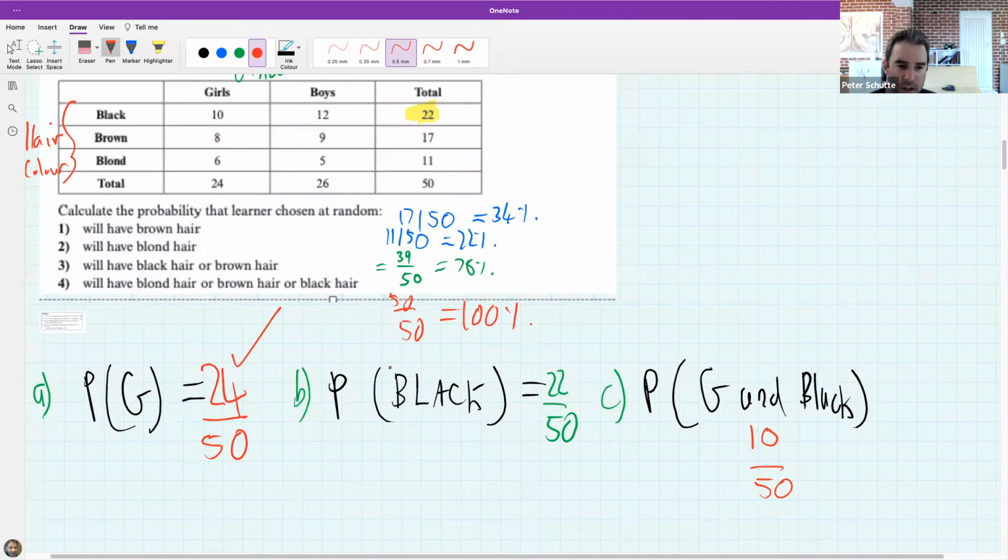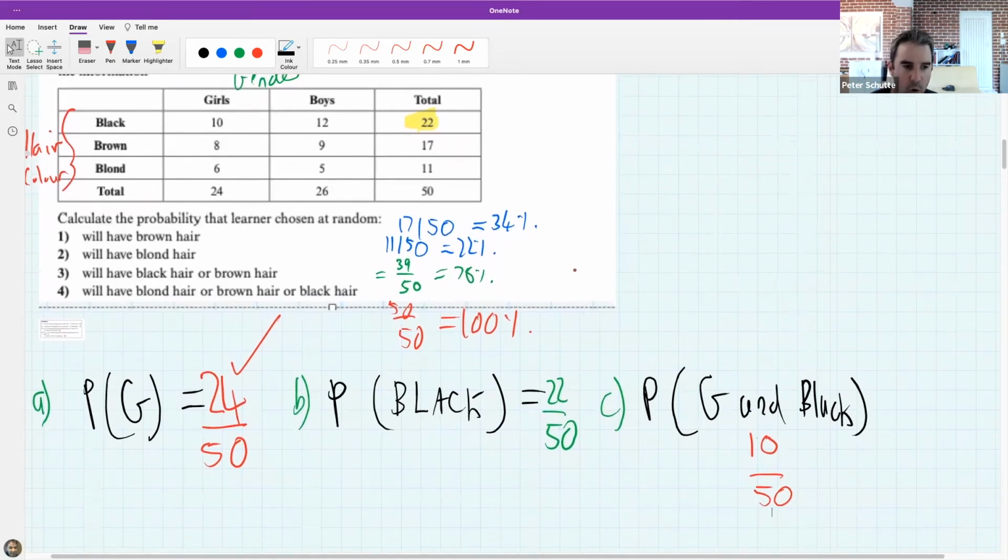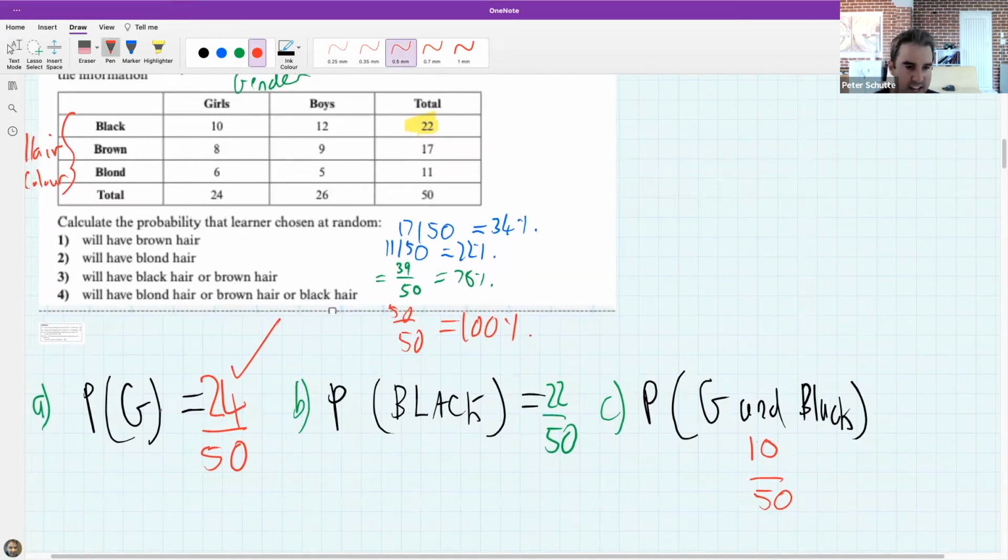So now how do we use this to tell us whether or not the two events, gender and hair color, are independent? All we need to do is take these two over here and multiply them together. So we get 24 over 50 times 22 over 50.